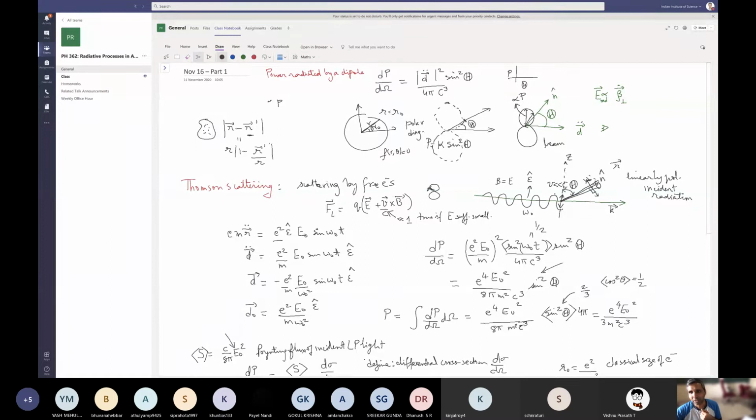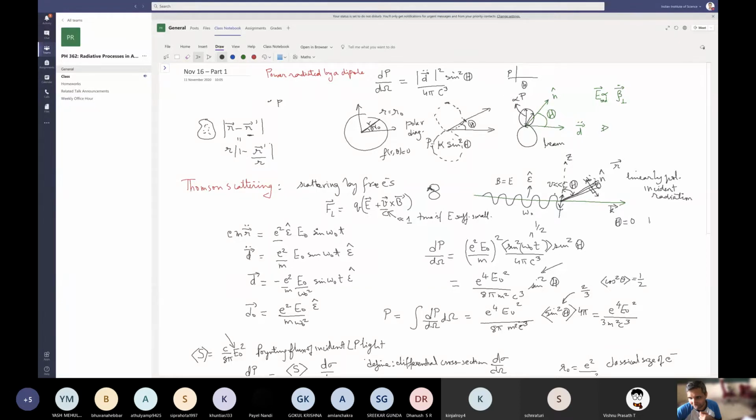Right, this is the direction of polarization. Let's take some simple cases. If your theta is equal to 0, what happens in that case? You're accelerating in this direction, and you're also seeing in the direction of acceleration.